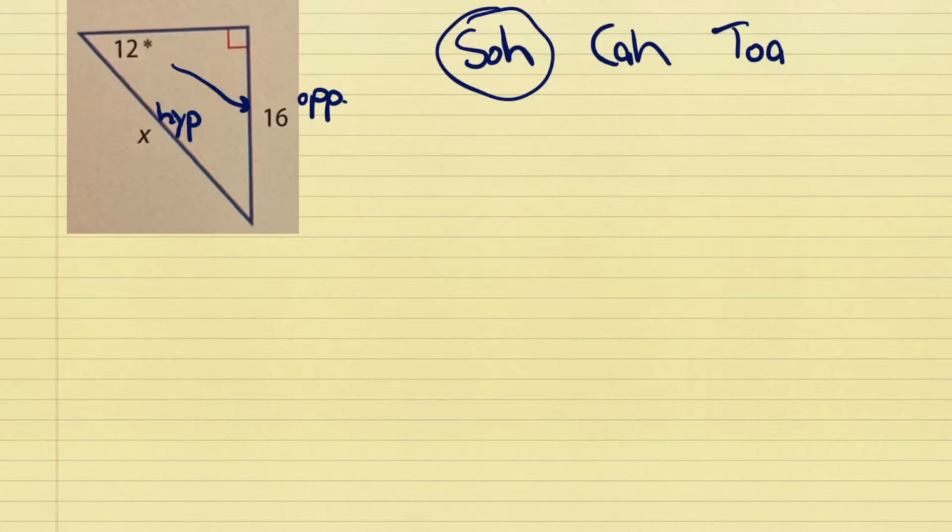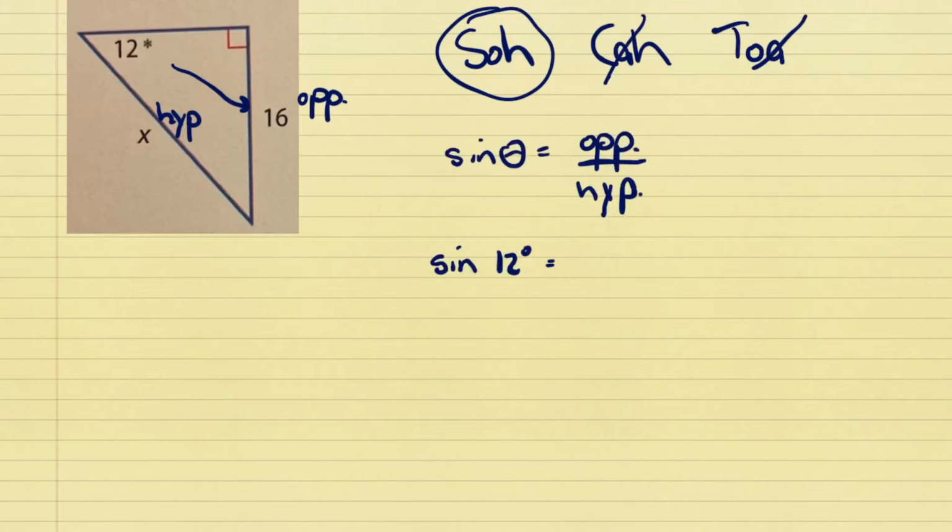That's the O and H. Second letter goes on the top, third letter goes on the bottom. That's how it always works. So sine of my 12 degrees is opposite over hypotenuse. The x is on the bottom of this one, so just like the last one, we do a little switcheroo. The sine of 12 will go to the bottom.